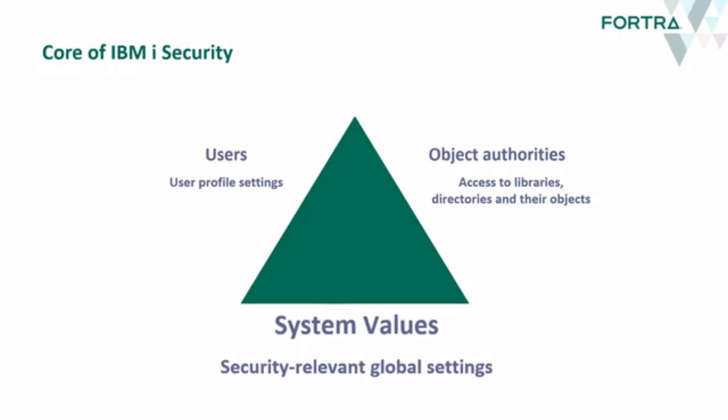So when you talk about setting the tone of security on your system, you want to be thinking about not only the global settings, your system values, and how they will allow the system to behave, but you also want to think about how those might get overridden at the user profile level, and if that is or is not appropriate for your environment.